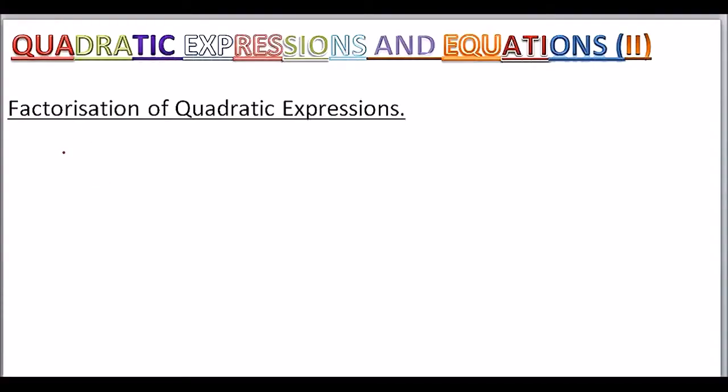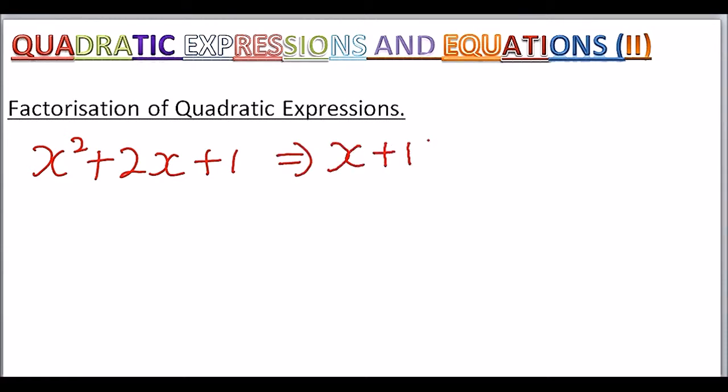So far we have discussed 4 quadratic expressions. So we factorized this quadratic expression, x squared plus 2x plus 1. We got x plus 1 into bracket squared.